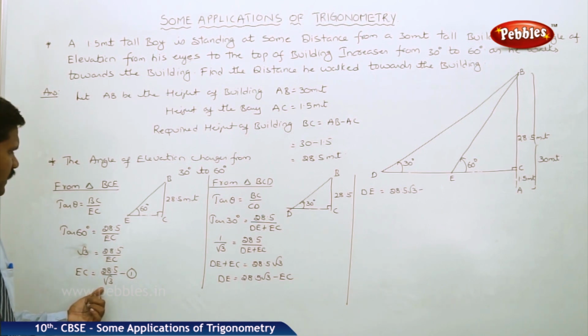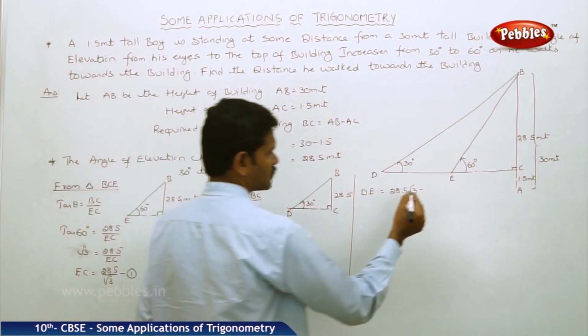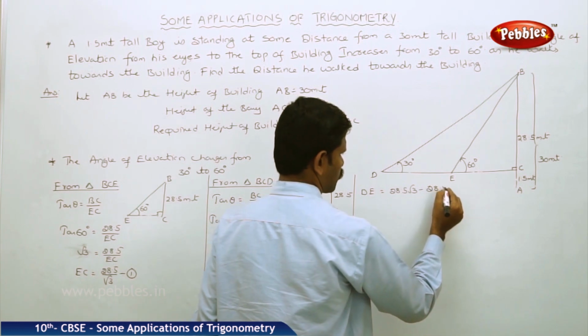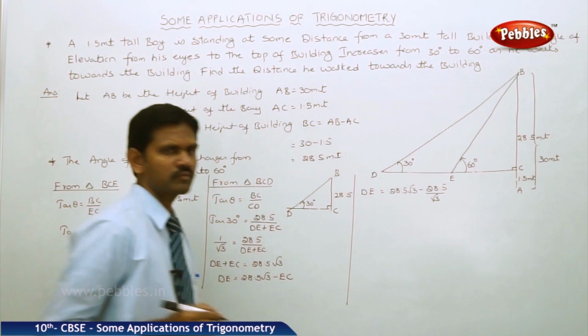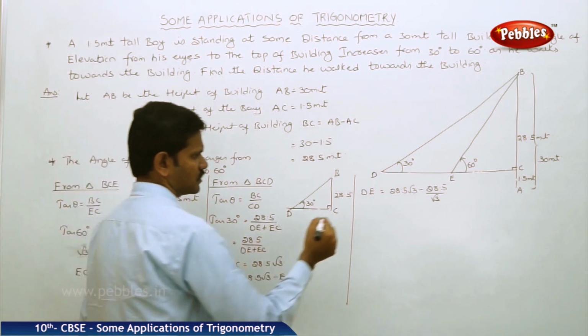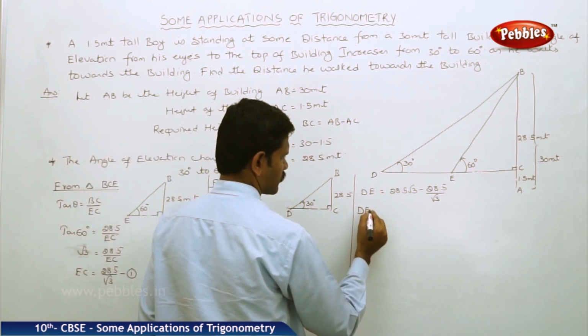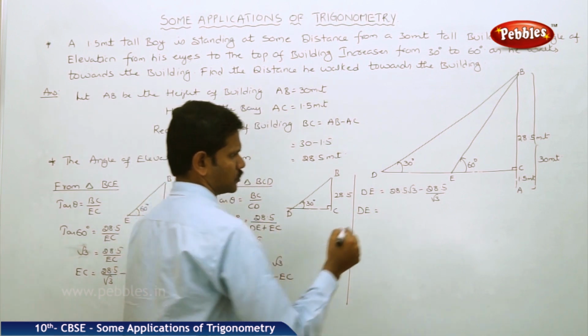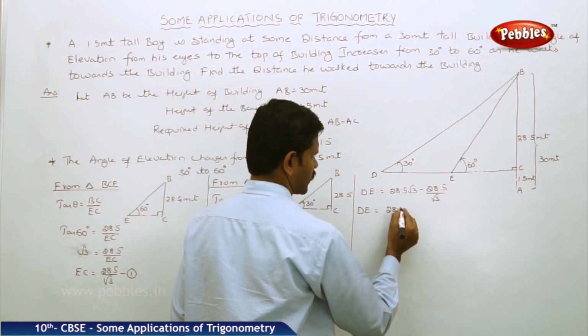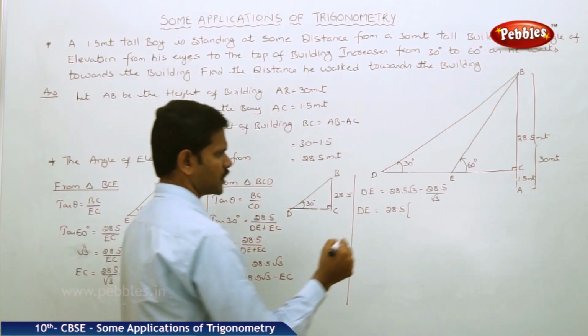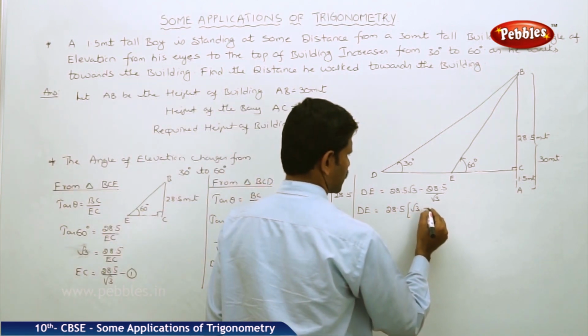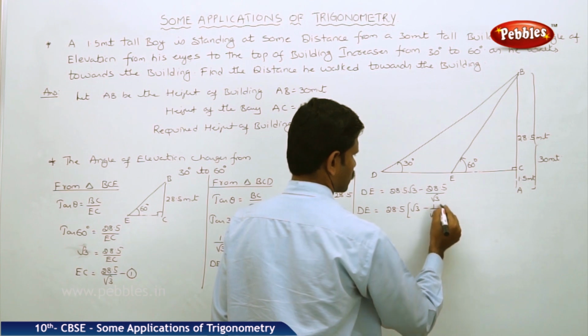Already we are ready with the value of EC, that is 28.5 by root 3. So DE is equal to 28.5 root 3 minus 28.5 by root 3. 28.5 is common, the rest is root 3 minus 1 by root 3.